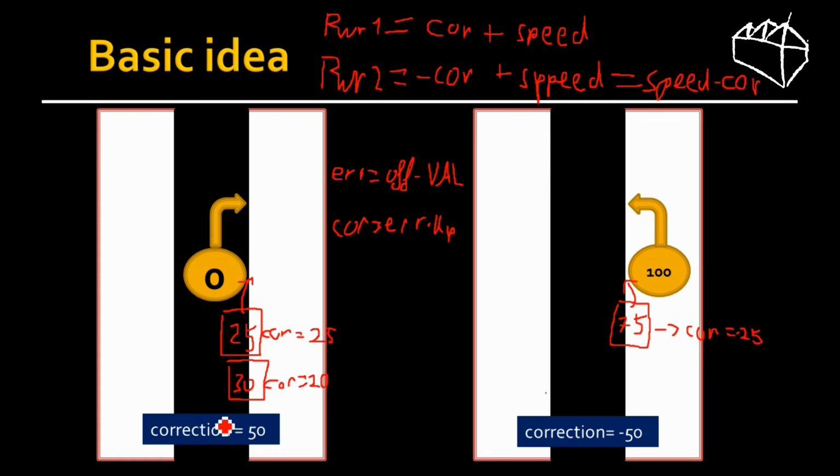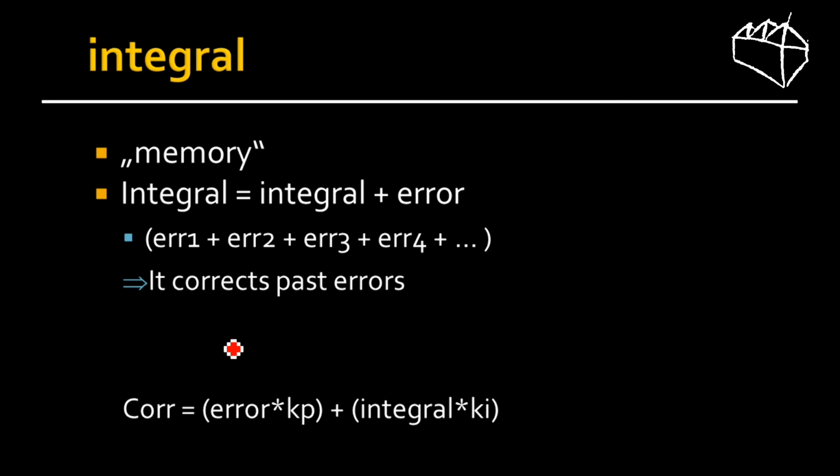Then, because of the correction, your robot drives to the right. Then the error is, for example, 30. So your integral gets 80. And this just goes along until your robot stops line following.